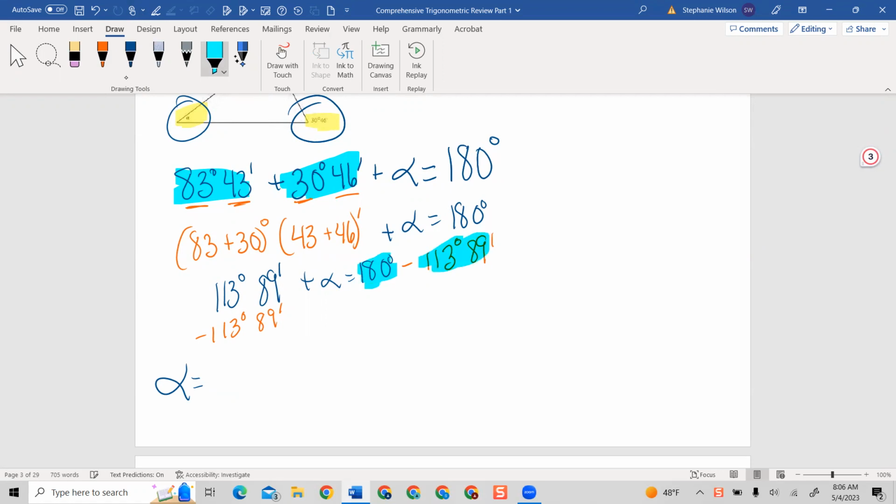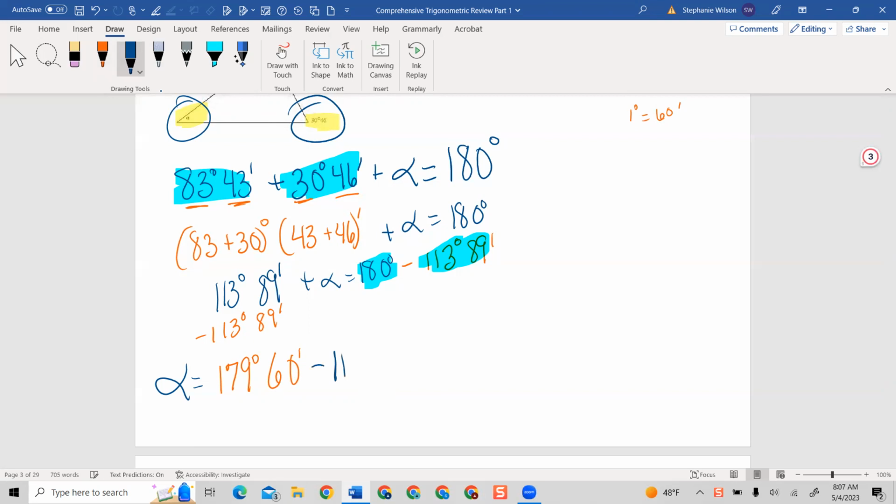So these are not like terms. So let's rewrite 180 degrees in a format that makes it like terms and still keeps it true to 180 degrees. So I know that I can write 179 degrees. I know that in 1 degree it's 60 minutes. So I can say 179 degrees, 60 minutes. That is true to 180 degrees.